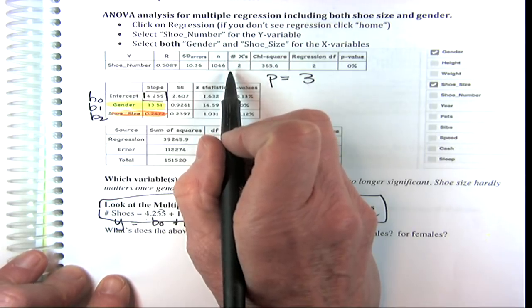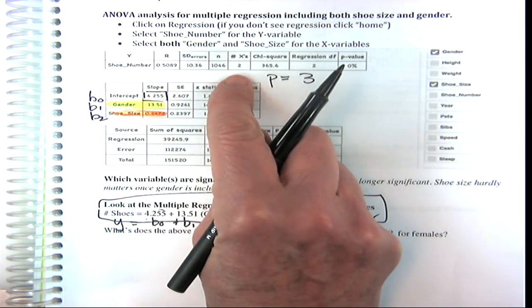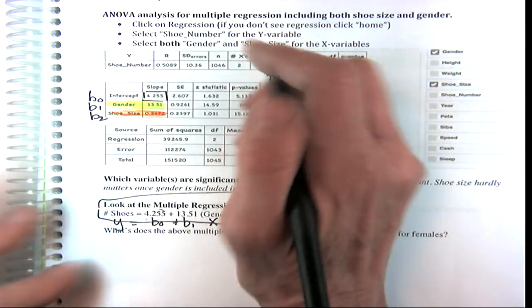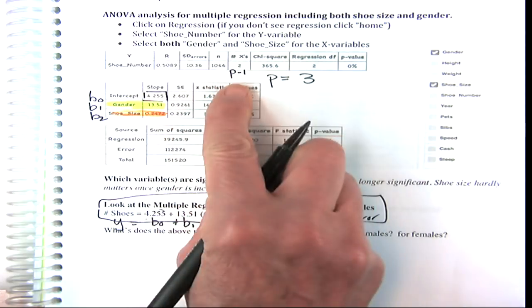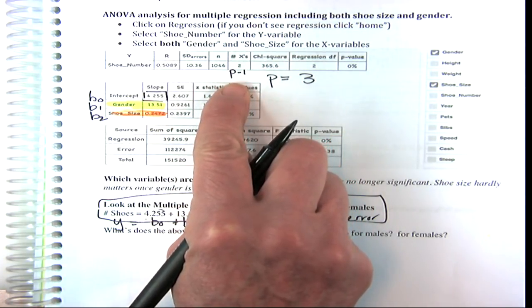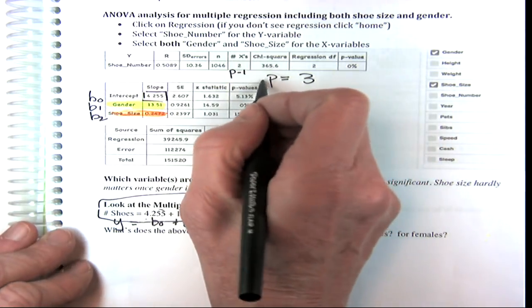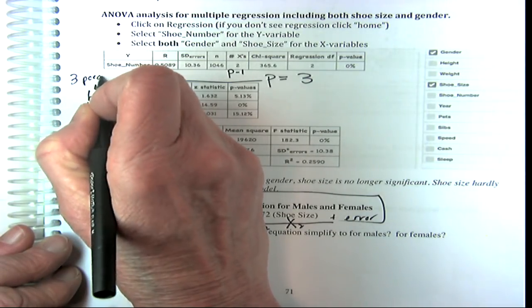Why is it 2? Because it's 2 x's, even though there's 3 parameters, right? It's p minus 1. The number of x's is p minus 1. Does that make sense? All right, so p is 3 because we have 3 parameters that we're estimating.